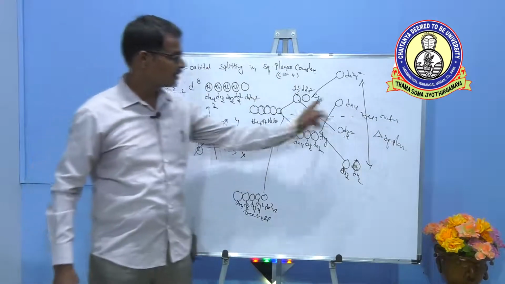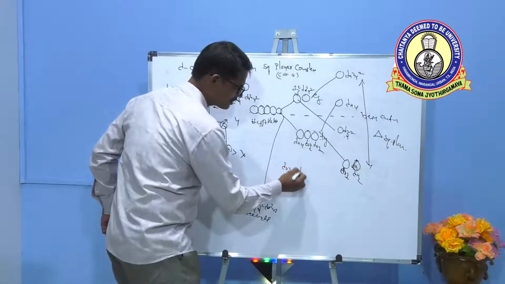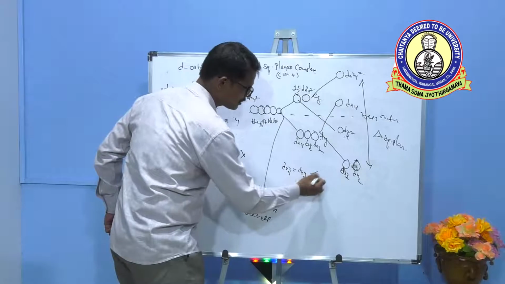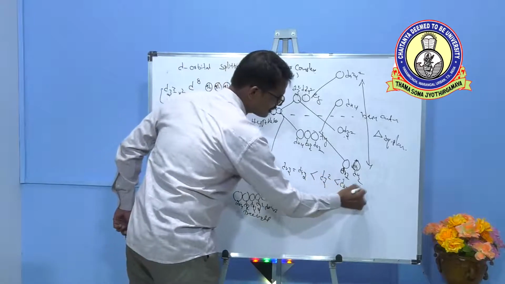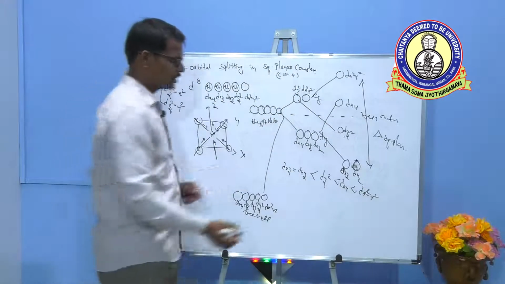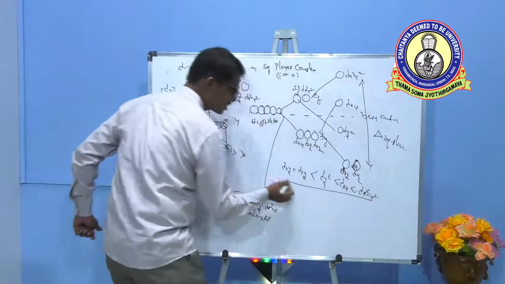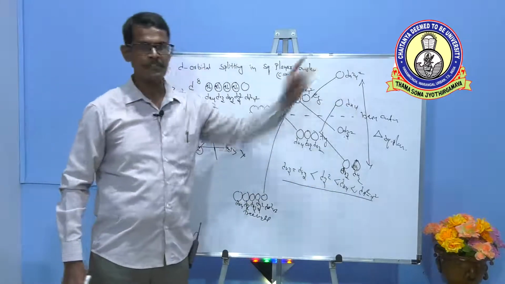So in square planar complex, dxz is equal to dyz is less than dz square is less than dxy is less than dx square minus y square. So it is the order of energy in square planar geometry, and this is the splitting.